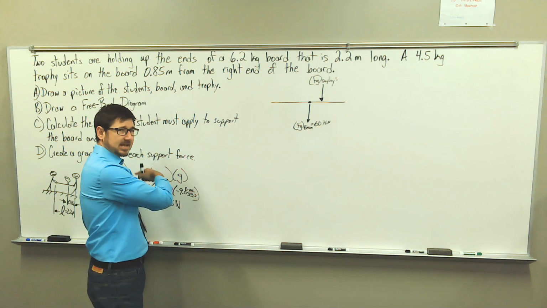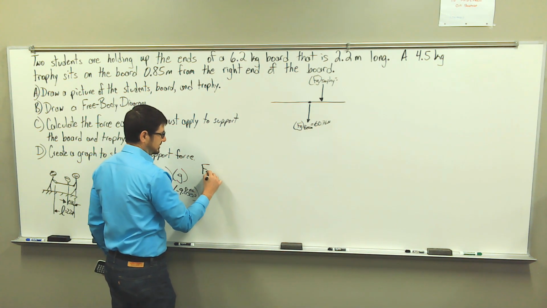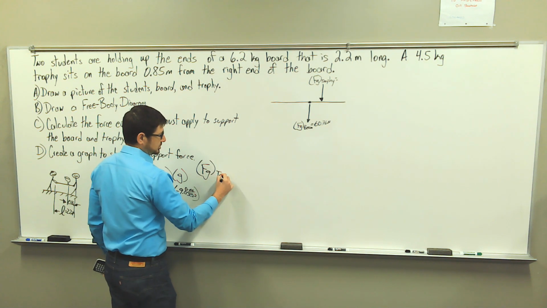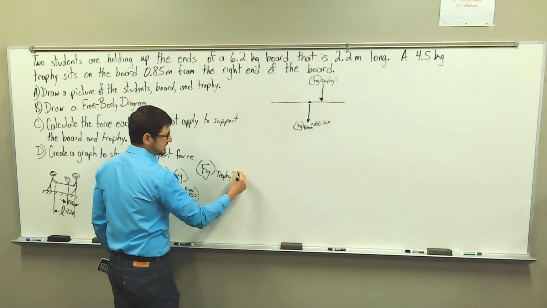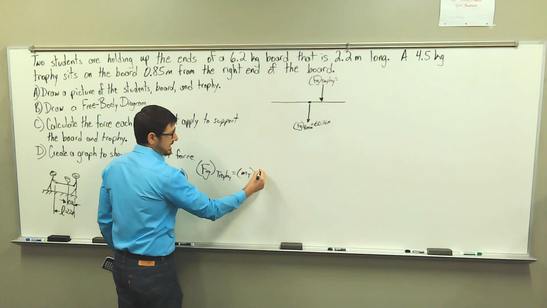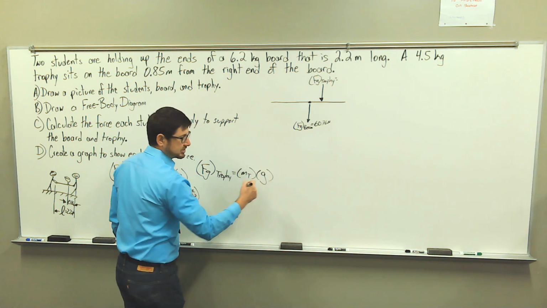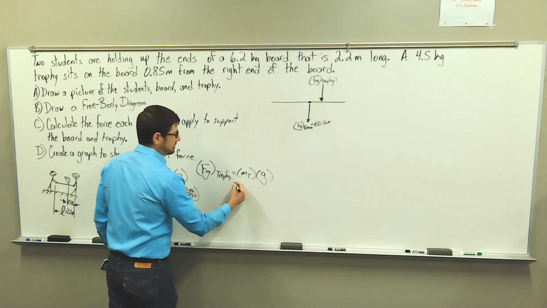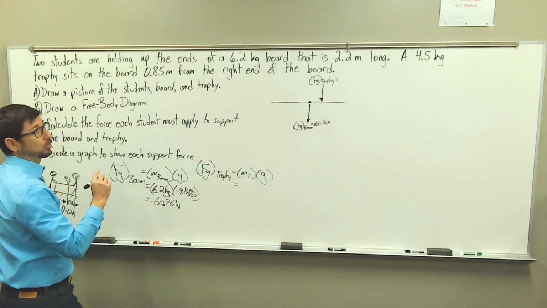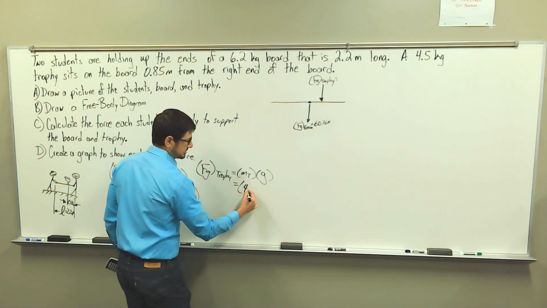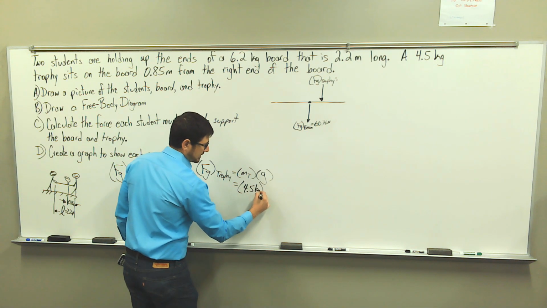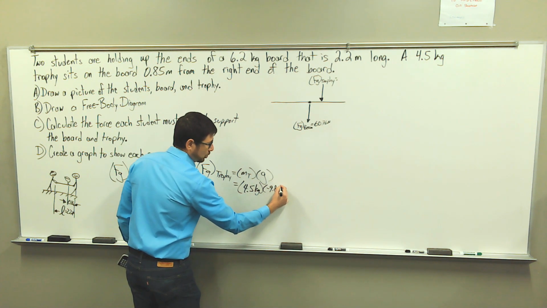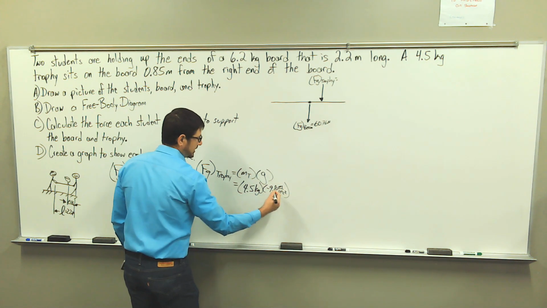So we're going to use the same setup for the equation. F sub G sub trophy is equal to the product of mass of the trophy and the acceleration due to gravity. So the mass of the trophy is 4.5 kilograms. Acceleration due to gravity is negative 9.8 meters per second squared.